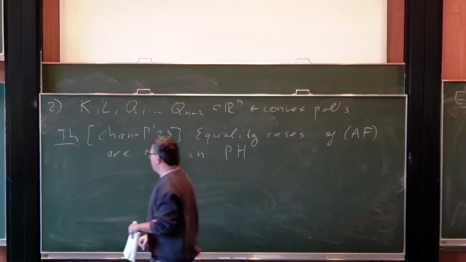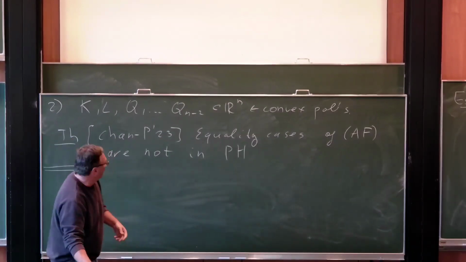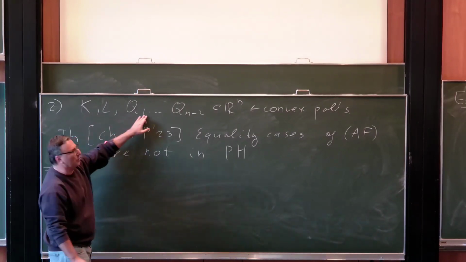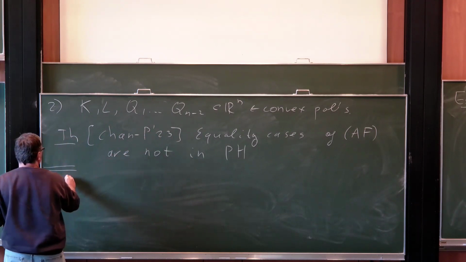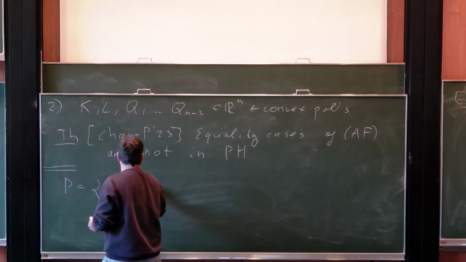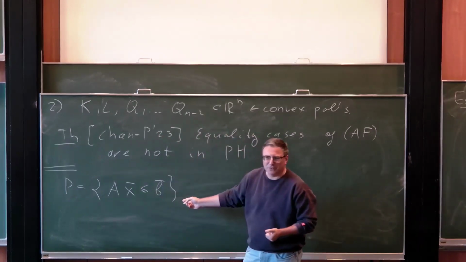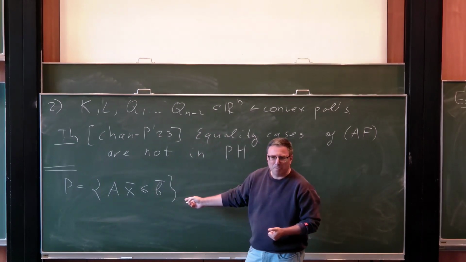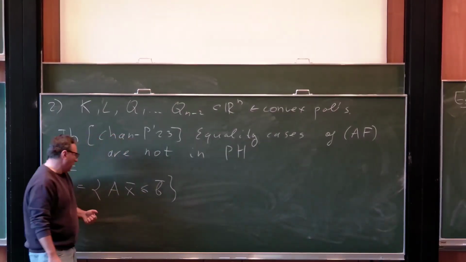Now, once you write a computer science result, you need to understand what I'm talking about. How are these polytopes defined? And there is an obvious answer for that. Every polytope is defined by some kind of set of inequalities. So this is a matrix, this is a vector.